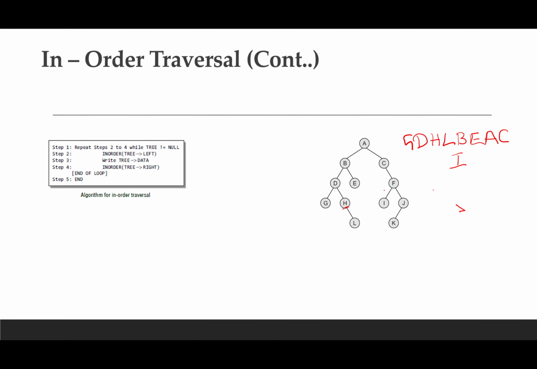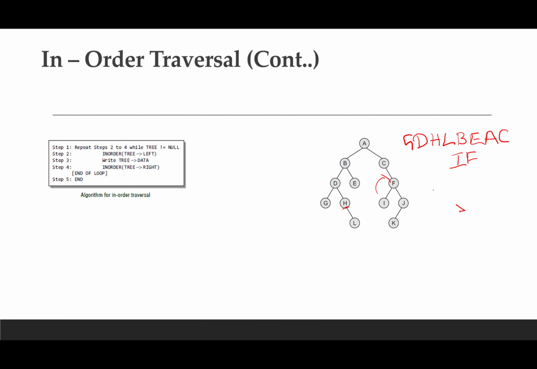So we move back to the parent of I, that is F, and we visit F. Then we check whether F has a right child. Yes, it is J. Then we check whether J has a left child. Yes, it is K. Then we check whether K has a left child.